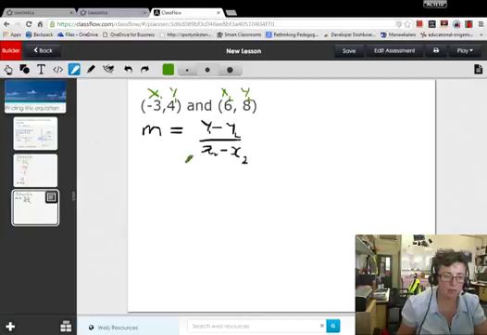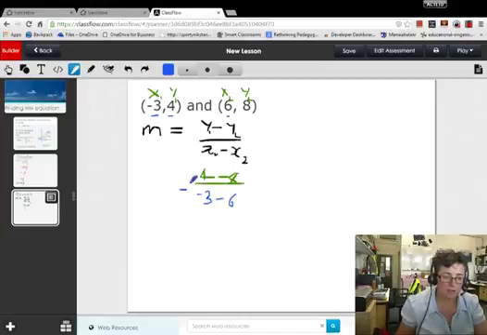Let's start with the y points. So y1 is 4 and y2 is 8. So 4 minus 8 over the x points, which are minus 3 and 6. It's important we have the minus in there. Minus 3 minus 6.